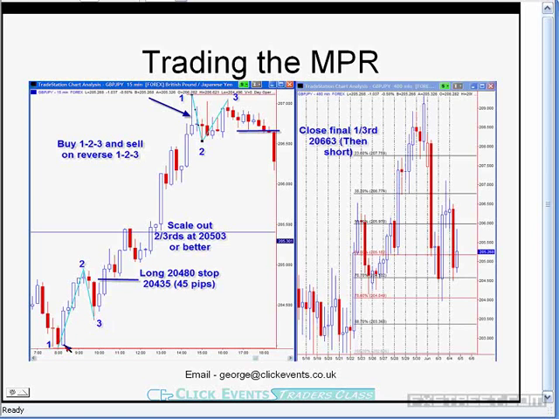So we've got point 1, 2, 3, Hallmey, and the trader may want to go long at that point, with a stop, and the stop is going to go down here below the Hallmey.